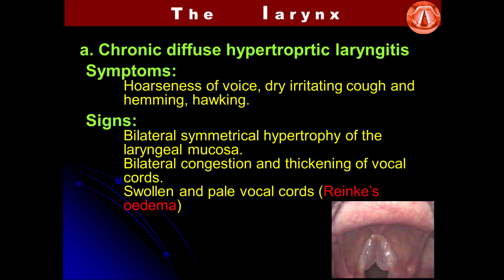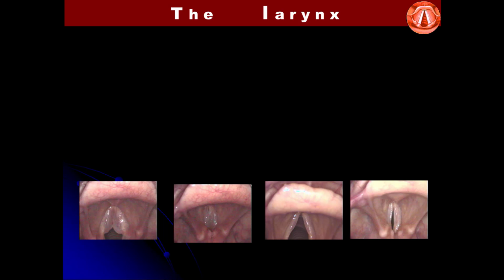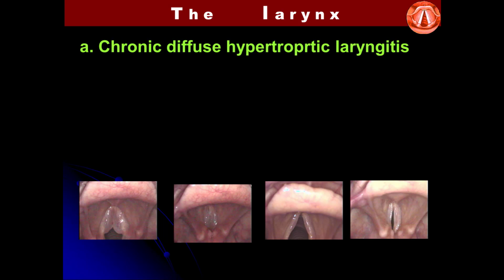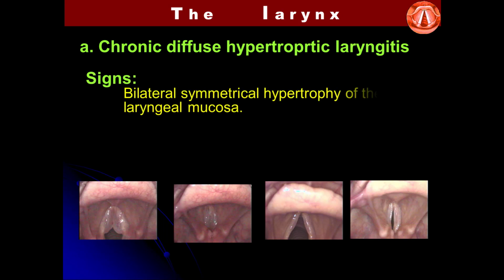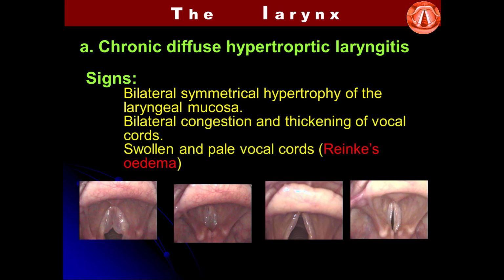Signs: we usually have symmetrical hypertrophy of the laryngeal mucosa, which is swollen and pale, with swollen and pale vocal folds, and we call this Reinke's edema. You should keep in mind that Reinke's edema is not a medical condition, it is a surgical condition, usually treated by microlaryngeal surgery with stripping of the mucosa.